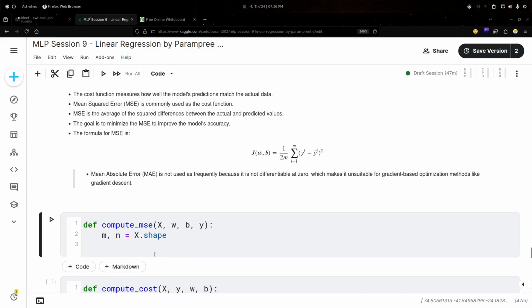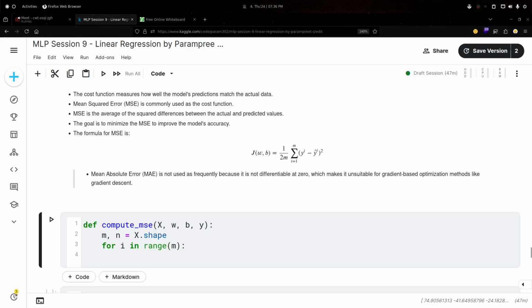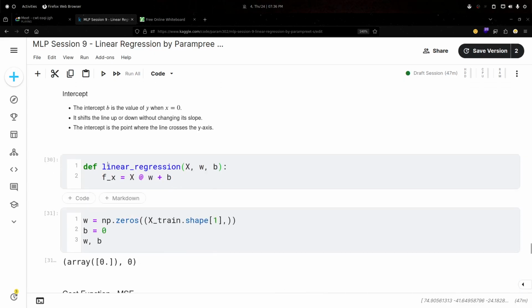So what we will do here is run a loop: for i in range m, for each of the m samples, we'll compute the f of x, which is basically the linear regression.